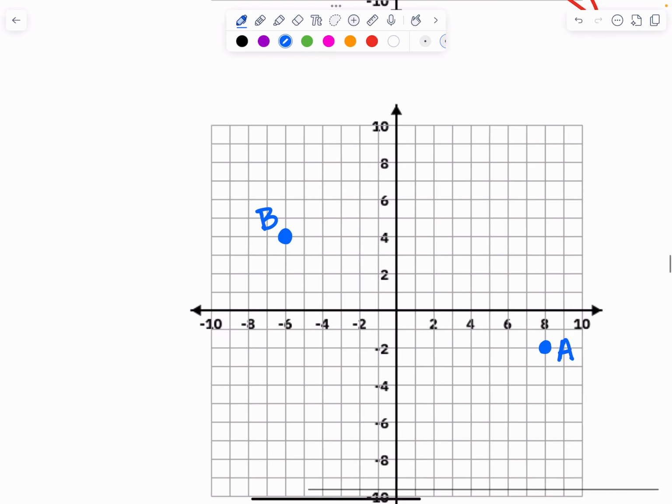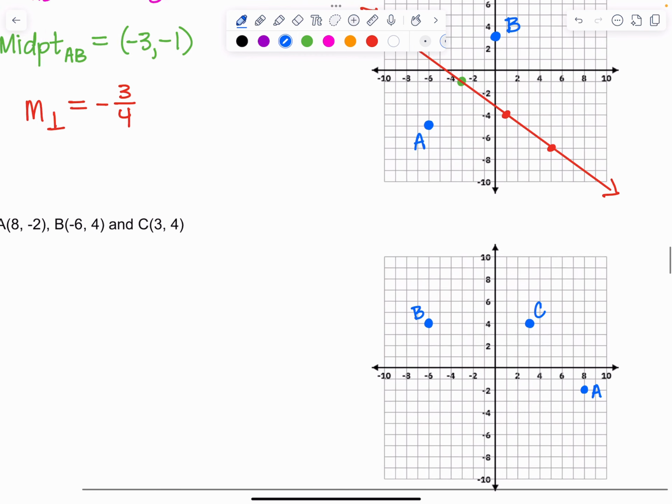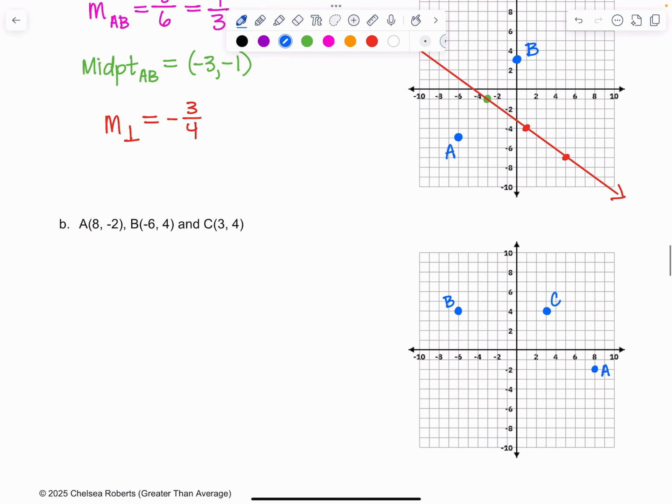And then it says we have 3, 4. So remember, when you're doing this, you have to go 2 points at a time.